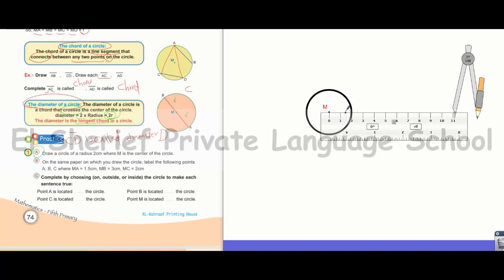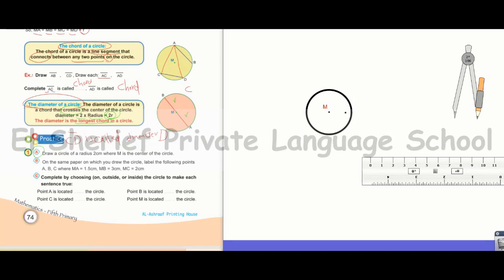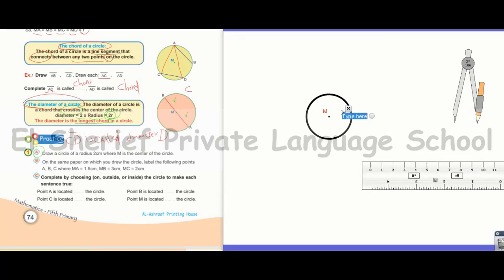So we put point A. This is point A. MA equals what? MA equals 1.5.